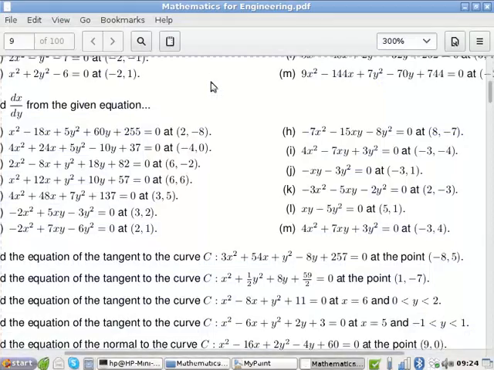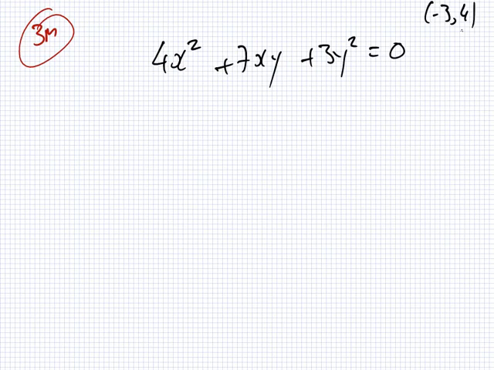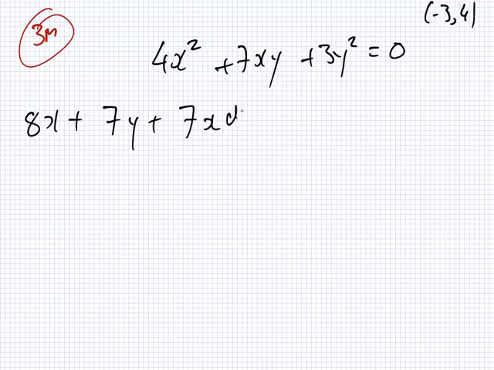4x squared plus 7xy plus 3y squared equals 0. Minus 3 and 4. Okay, so that is 8x plus 7y plus 7x dy/dx plus 6y dy/dx equals 0.